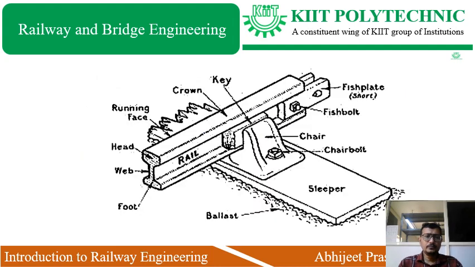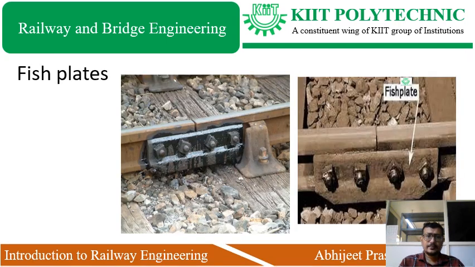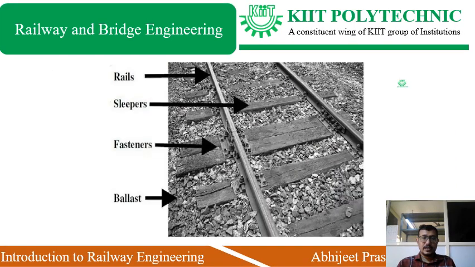So this is how the ballast, sleeper, and then the chair and rail are arranged. Some other components are like fish plates. While we are joining two rails, we provide fish plates. As you see here, this one is a fish plate to give a proper joint.